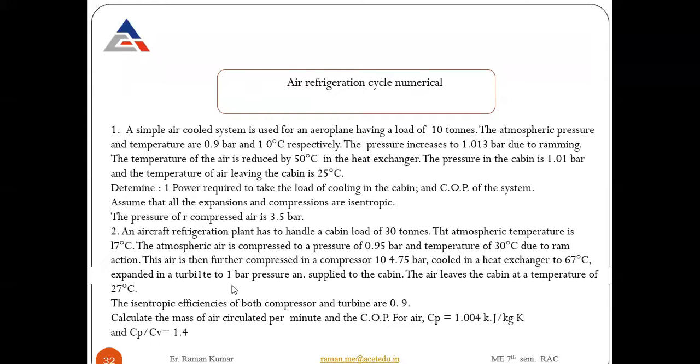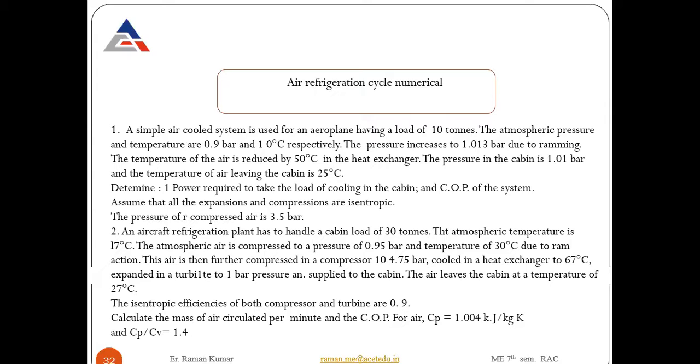Expanded in turbine to 1 bar pressure and supplied to the cabin. The air leaves the cabin at temperature of 27 degrees centigrade. The isentropic efficiency of both compressor and turbine are 0.9. Here efficiency is given, 0.9.